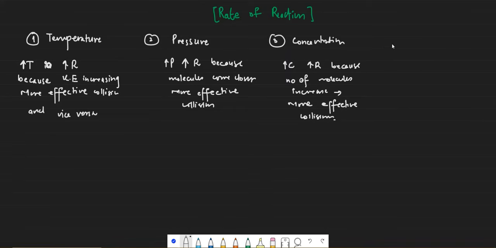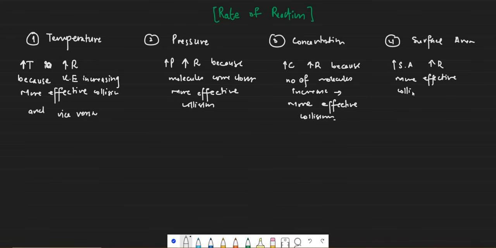Then there is the fourth factor, surface area. I'm writing surface area as SA. When you increase surface area, you increase rate of reaction because of more effective collisions.